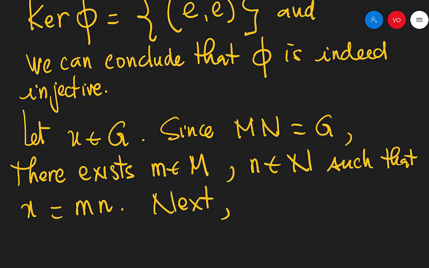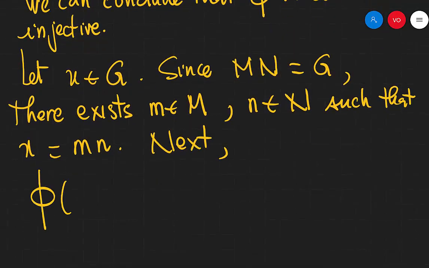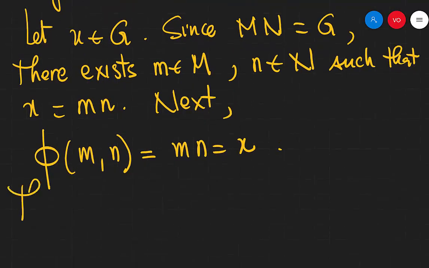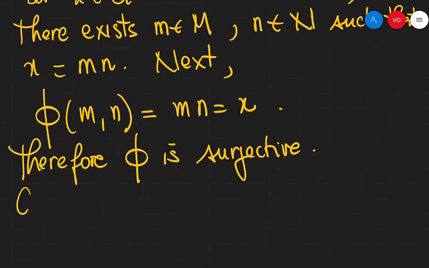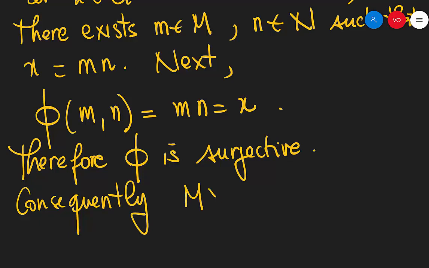Next, phi of mn must be m times n, which is by construction x. Therefore, phi is surjective. So we have shown that phi is a homomorphism, is injective, and is surjective, and consequently we can conclude that M cross N is isomorphic to G.